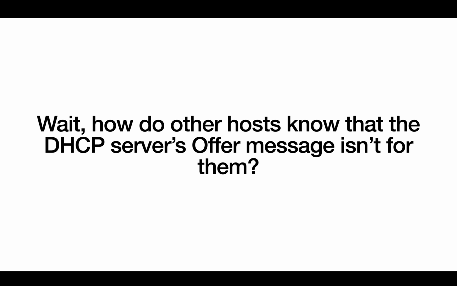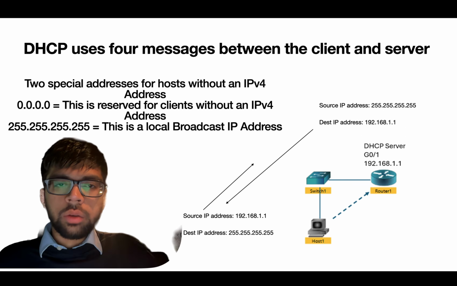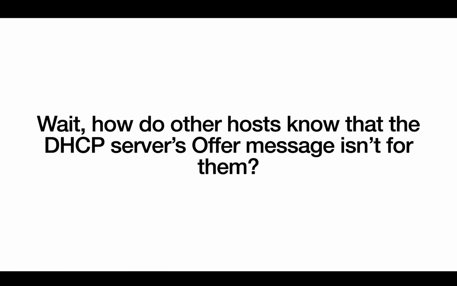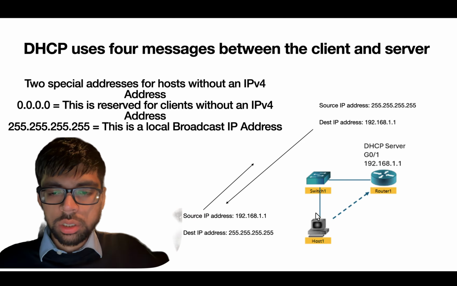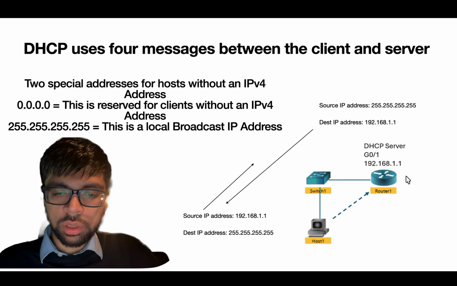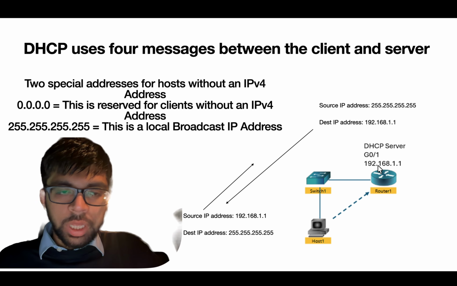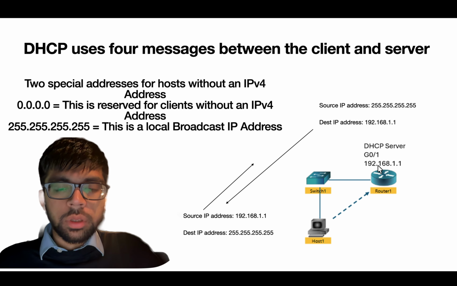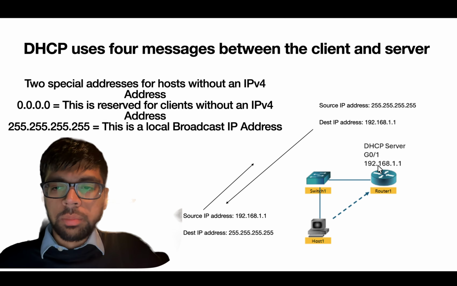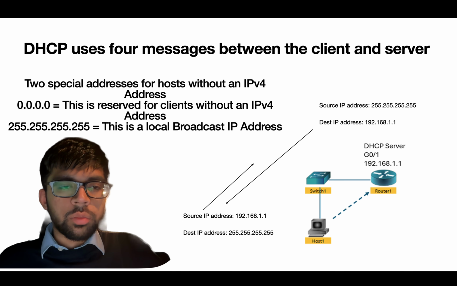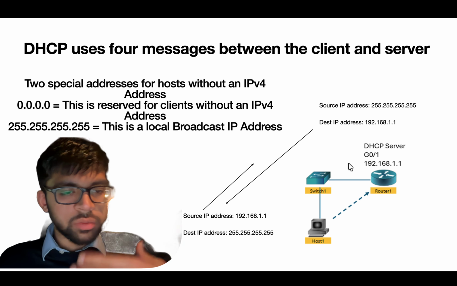So now you've got a host and it wants to obtain an IP address from the DHCP server. What's going to happen? Well, you're going to go through those phases of discover.